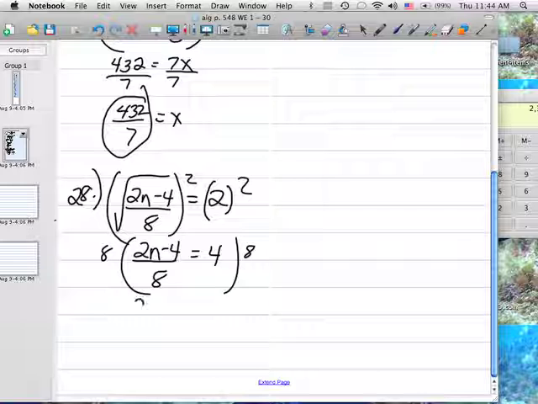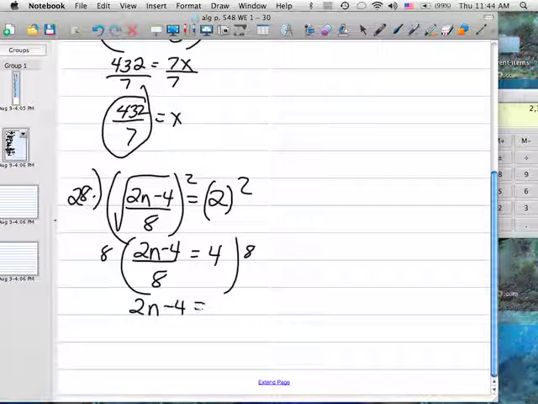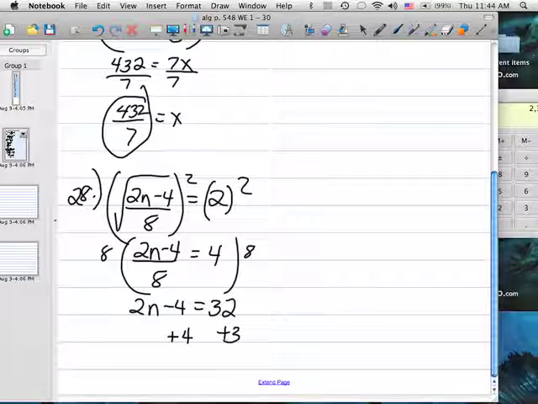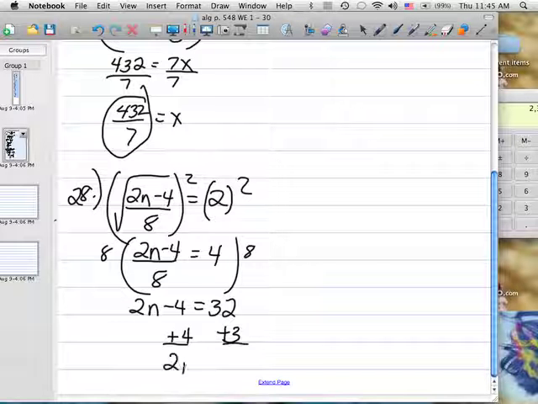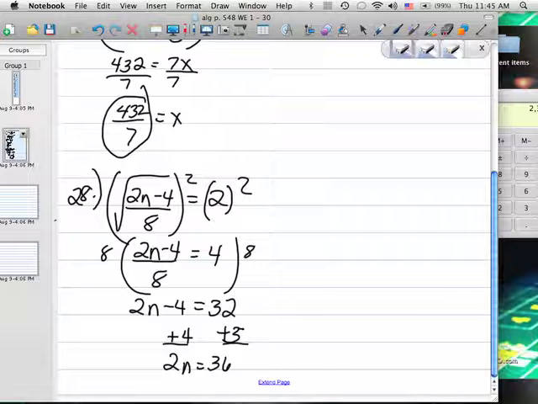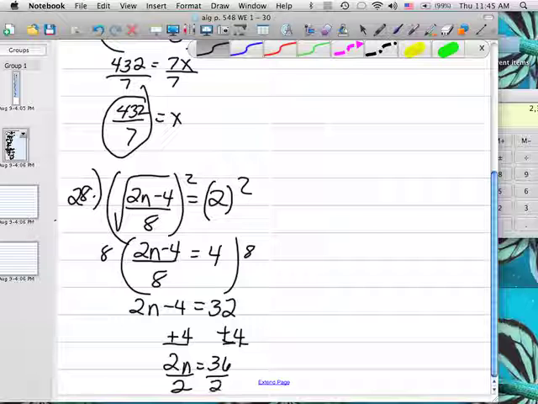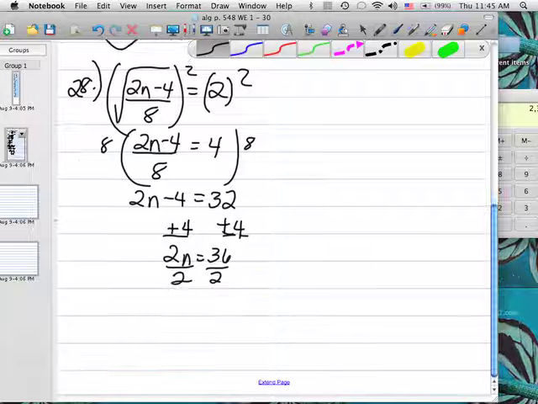We get 2n minus 4 equals 32. Add 4. We get 2n equals 36. It should be a 4. Then divide by 2, and our answer is n equals 18.